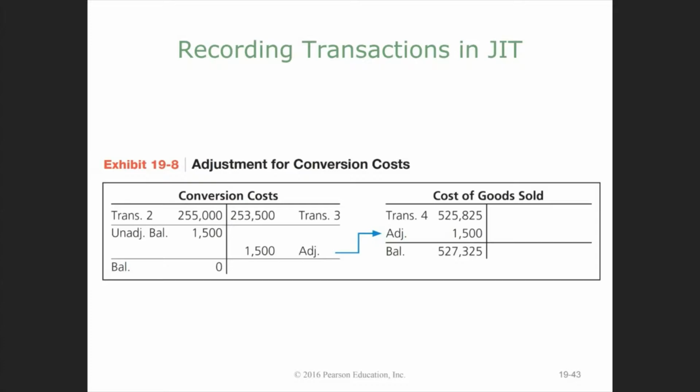And here we are just looking at the adjustment for the conversion cost. This is a T account. So when looking at this T account, we have that 255,000 debit, and then we had a credit for that 253,000, which gave us the unadjusted balance of 1,500.